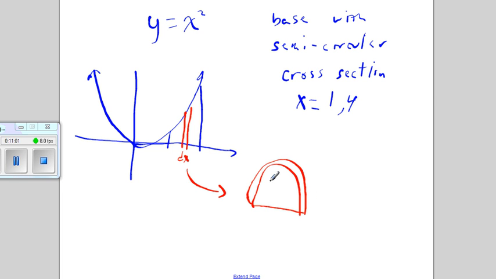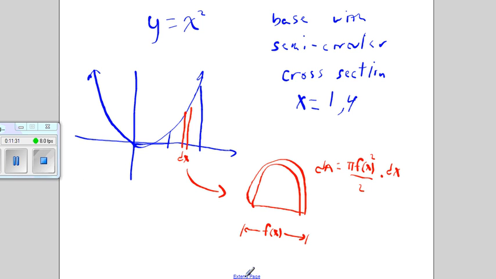So there's my semicircular slice of bread. And this value here is f of x. So each little area, dA, well, since it's a semicircle, it's pi r squared over 2, semicircle, times my width, dx.